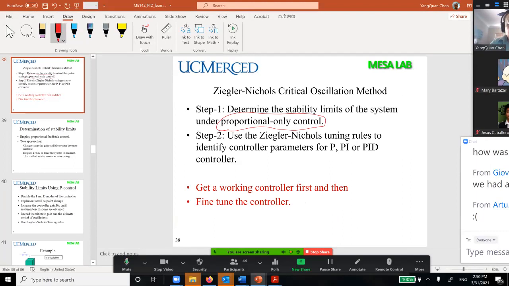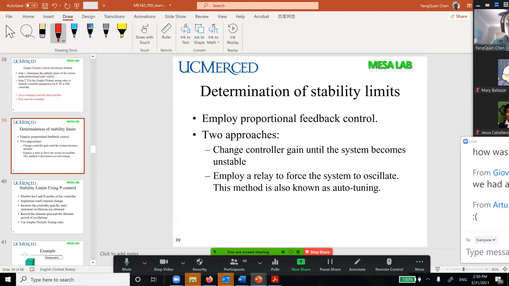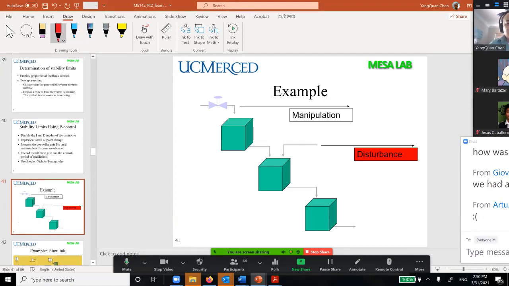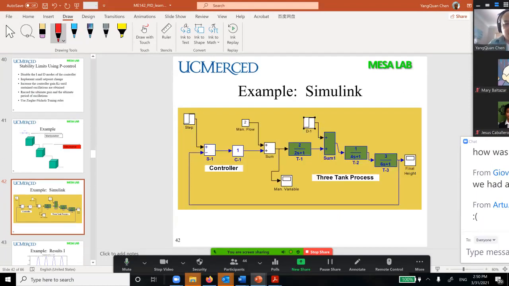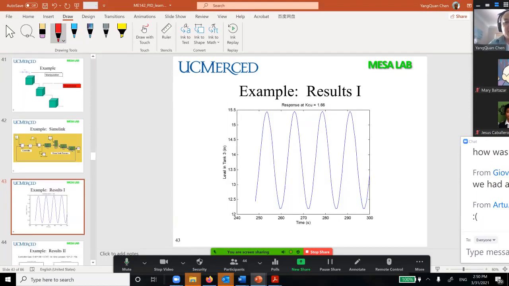You push the system to the stability limit, meaning make it oscillate, like a sustained oscillation. You increase the Kp so that it becomes a sustained oscillation. This puts the system at the boundary of stability. It's called critically stable.